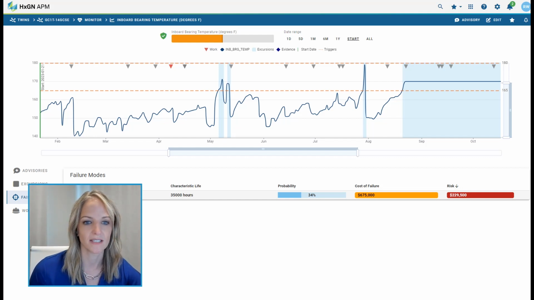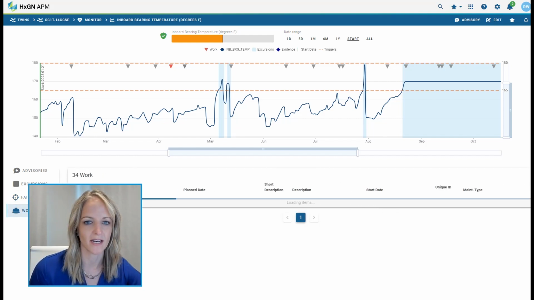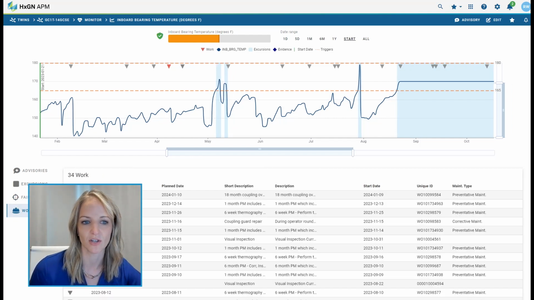Now, more than just exceeding this threshold one time, we have this blue shaded area, which we call an excursion. And this represents the duration in that condition. How long has the temperature exceeded this given threshold? Additionally, the thresholds can be set up such that different things happen once those limits are crossed.